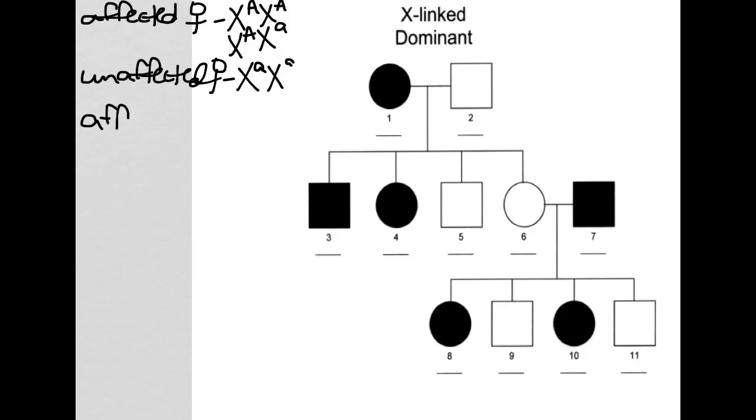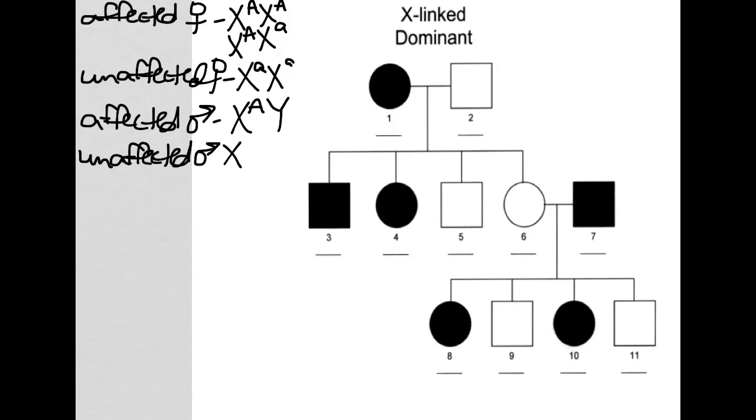We know that all affected males are going to have the genotype X big A, Y. And we know that all unaffected males will have the genotype X little a, Y.